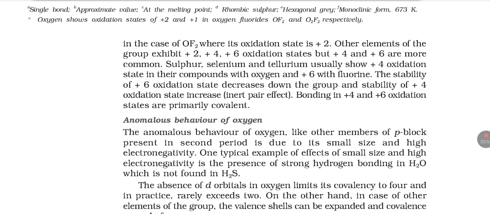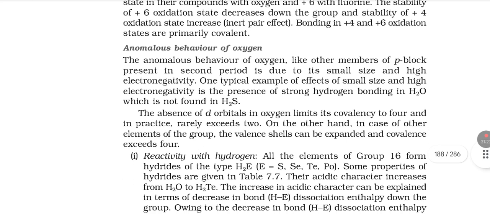Other elements of the group exhibit +2, +4, +6 oxidation states, but +4 and +6 are more common. Sulfur, selenium, and tellurium usually show the +4 oxidation state in their compounds with oxygen and +6 with fluorine. Bonding in +4 and +6 oxidation states is primarily covalent.